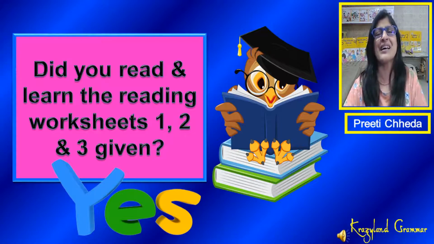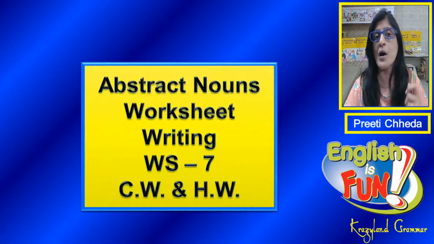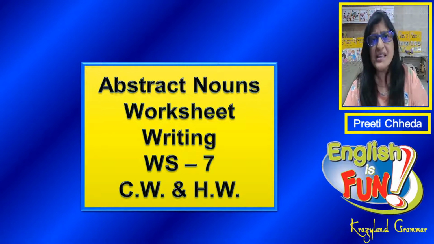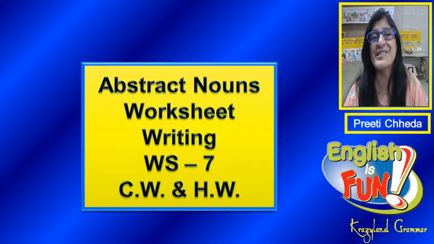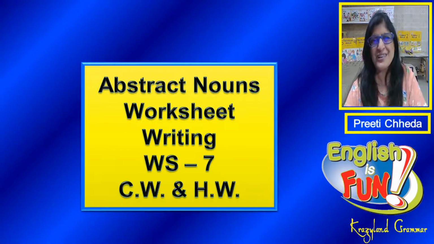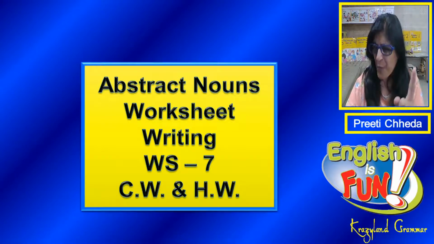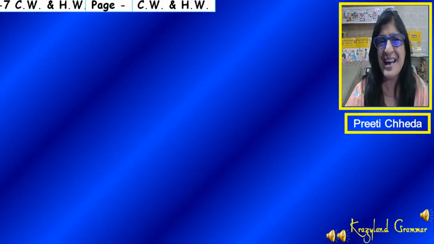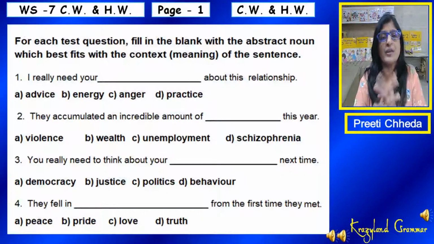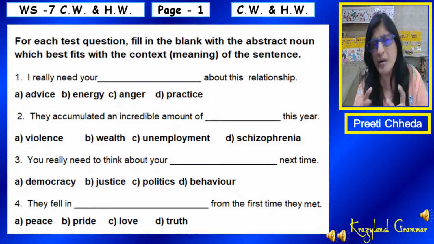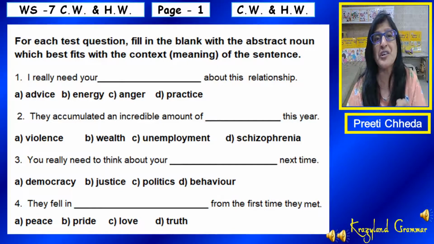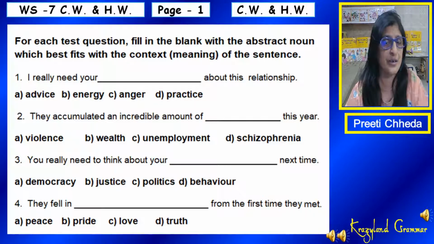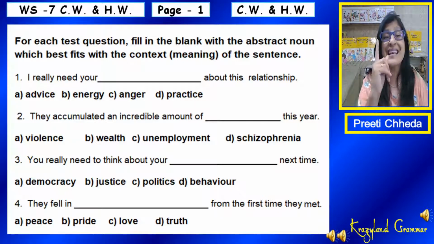So let us start now with our worksheet number 7. As I told you, some part is your CW and some part is your HW, which you have to do on your own. So why wait? Let's start. Take out your worksheet number 7, page number 1. When you look at page number 1, you don't start doing it right away. The first thing you need to do is read the instructions carefully.